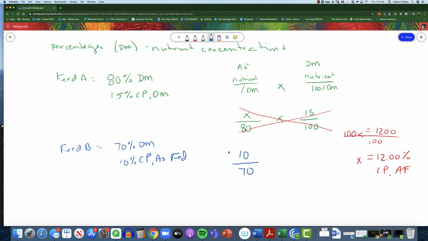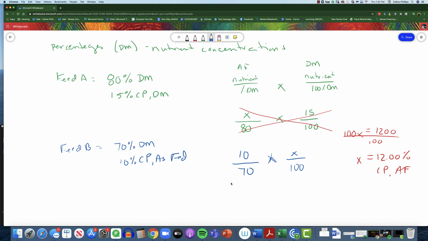That at 100% as-fed, we have 70% dry matter and 10% is protein. And we're going to look at that relationship. What we don't know is the amount of nutrient on a dry matter basis, that percent protein on a dry basis. But we do know that it's 100% dry matter.